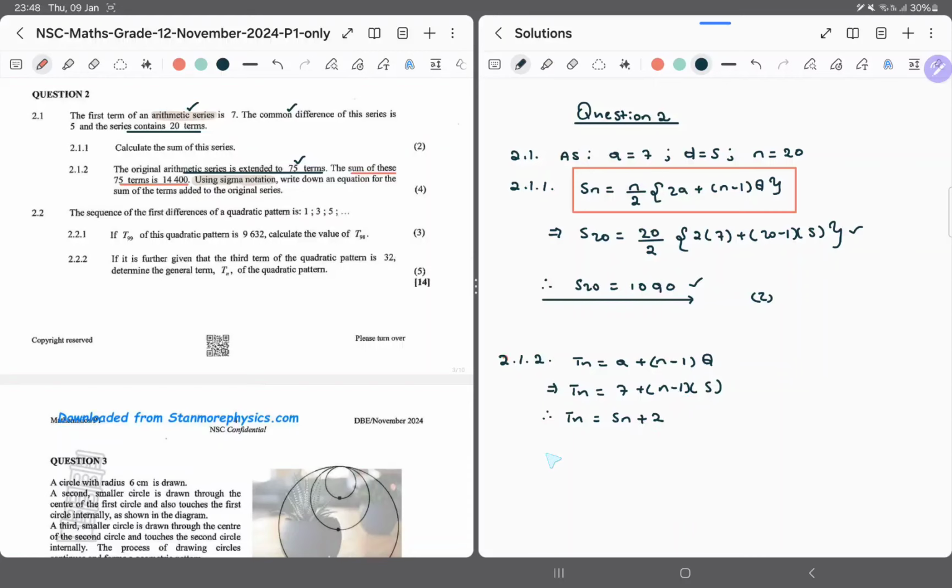Okay, so what can we say? We can say therefore the sigma starting from 1, and then we were told there's 75 terms, so we know that this goes up to 75 because 75 minus 1 plus 1 gives us 75 terms. Now here we write the general term 5n plus 2 should be equal to 14,400, and that's it.